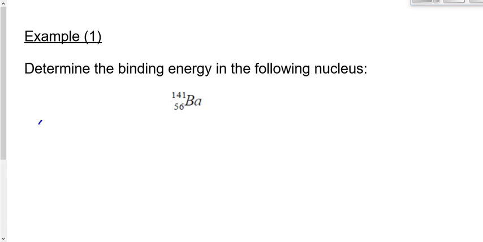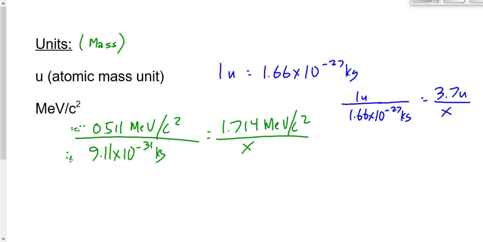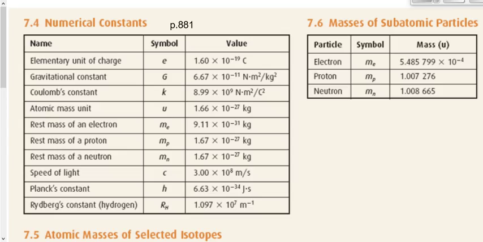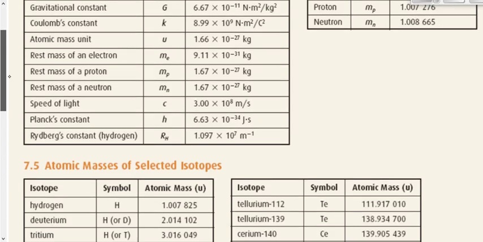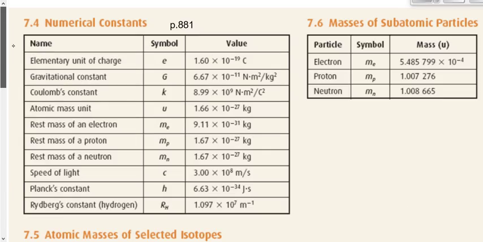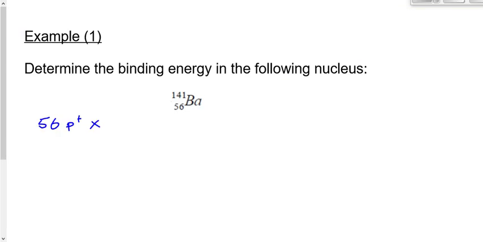We have 56 protons in barium-141. Each proton, from the table that you saw a few minutes ago, has a mass of 1.67. Sorry, we're going to do it in atomic mass units here. You'll see why in a second here. 1.007276 atomic mass units.